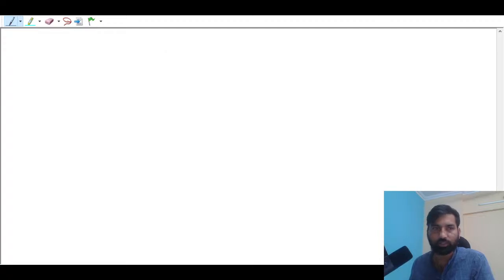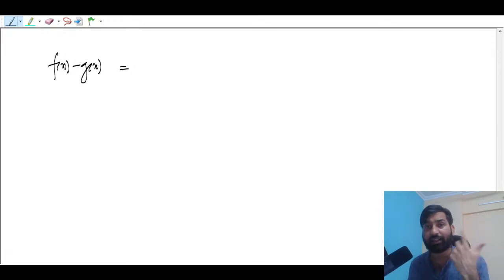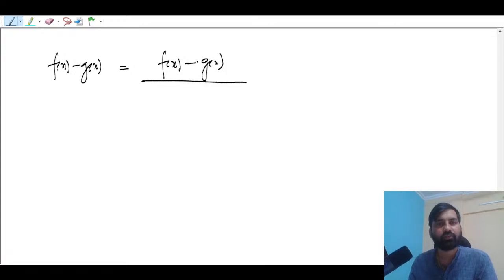Whenever f(x) minus g(x) is given, you can multiply the numerator and denominator by f(x) into g(x). So you can write this as f(x) minus g(x) upon f(x) into g(x), times f(x) into g(x). I hope this makes sense.